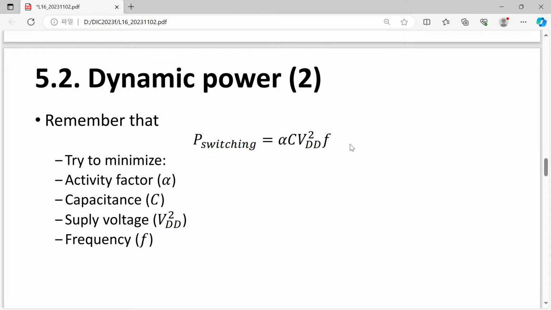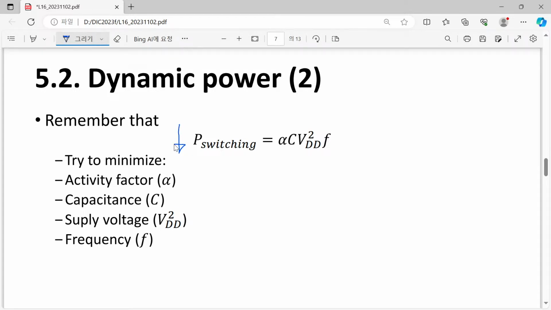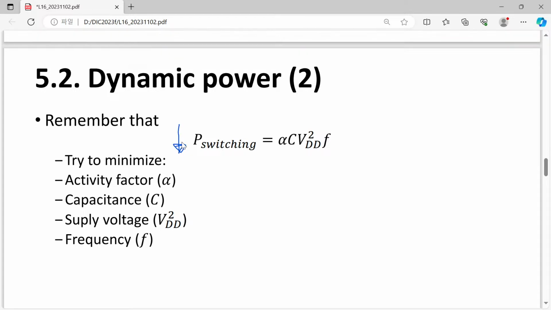Let's say that you wanted to reduce the switching power significantly. Then what you have to do is, for example, reduce the activity factor, or reduce the capacitance, or reduce the supply voltage.